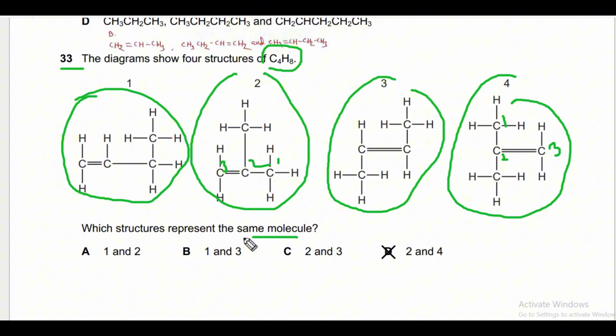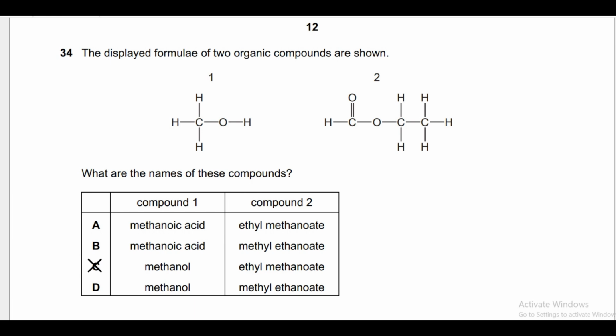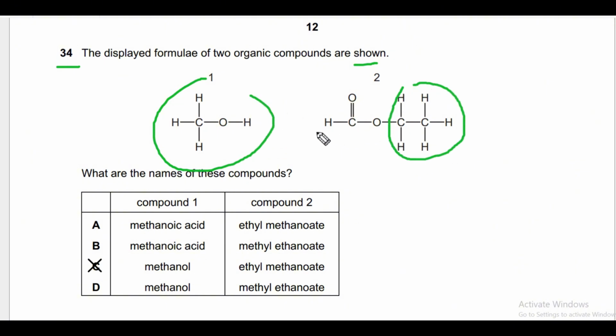Next, 34. The displayed formulae of two organic compounds are shown. One is methanol, the other is an ester. This is the alcohol part, ethyl methanoate, a 1 carbon alkanoate.